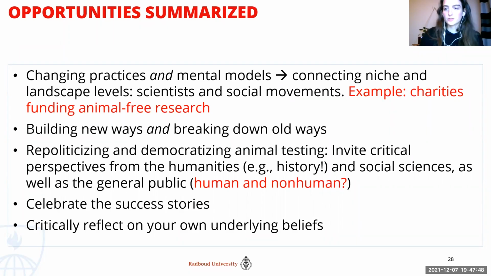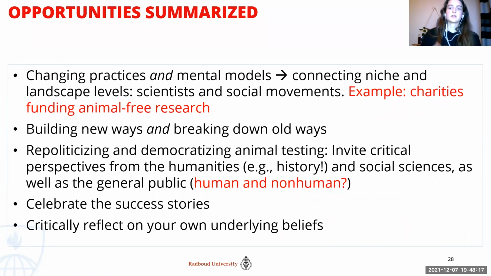What we saw is it's not a matter of either changing practices or mental models, but it's both. And change can come from interactions of those or in different directions. Sometimes it's something like a budget cut that has nothing to do with values about animal testing that can still lead to changing those practices and moving beyond animal testing.